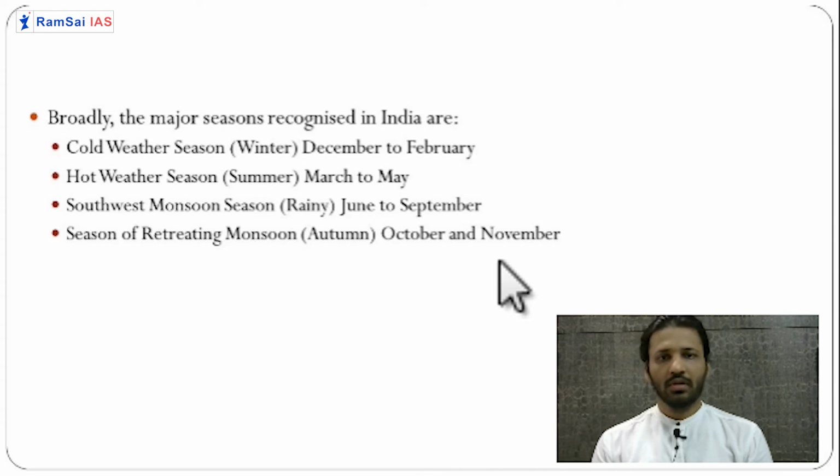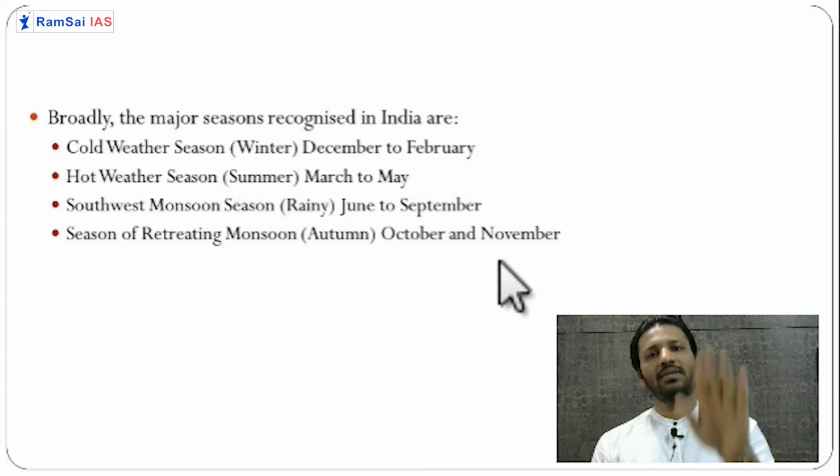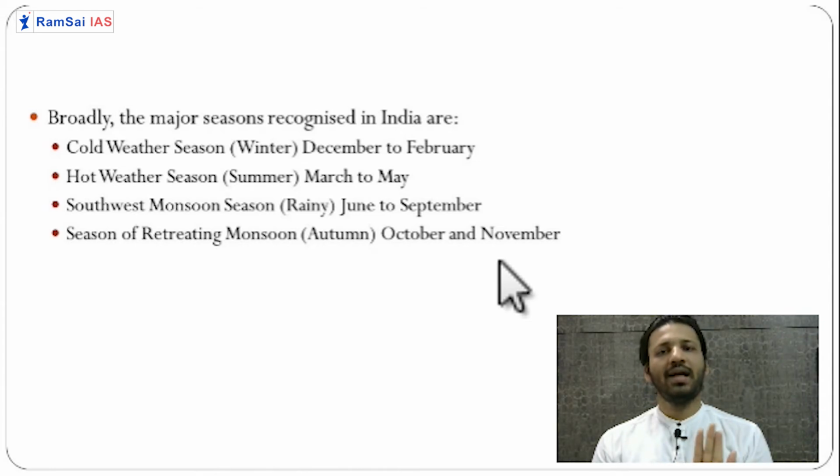As we know, we have winter almost from December to February. In South India it comes a little earlier. In North India it comes a little late and it prolongs more in North India. Then we have summer, that is the hot weather season, from March to May. Then next, during the summer season only, rain comes.